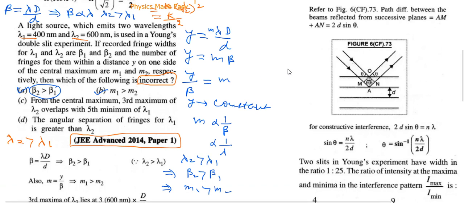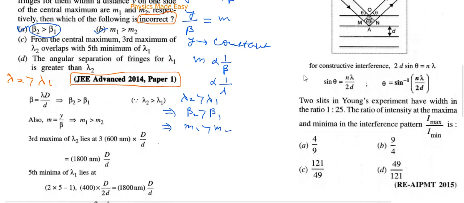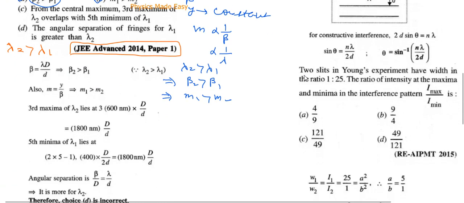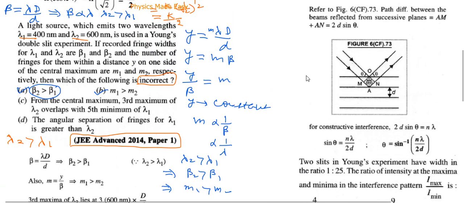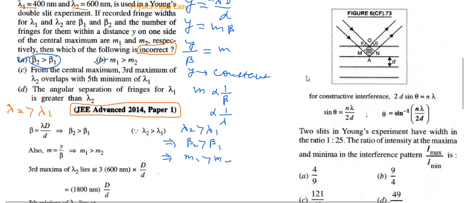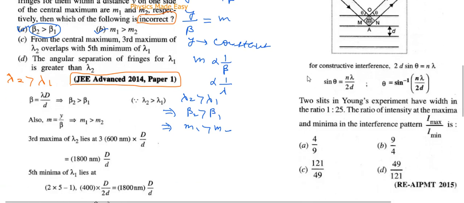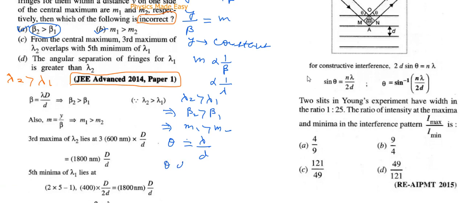Now, the next part is angular separation. In the next part, what he has asked is angular separation. Angular separation theta is equal to lambda by d. Theta is directly proportional to lambda.